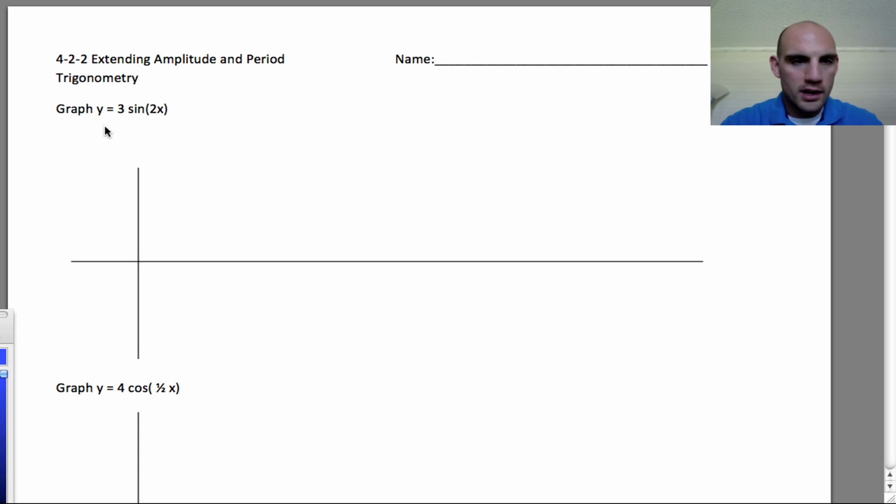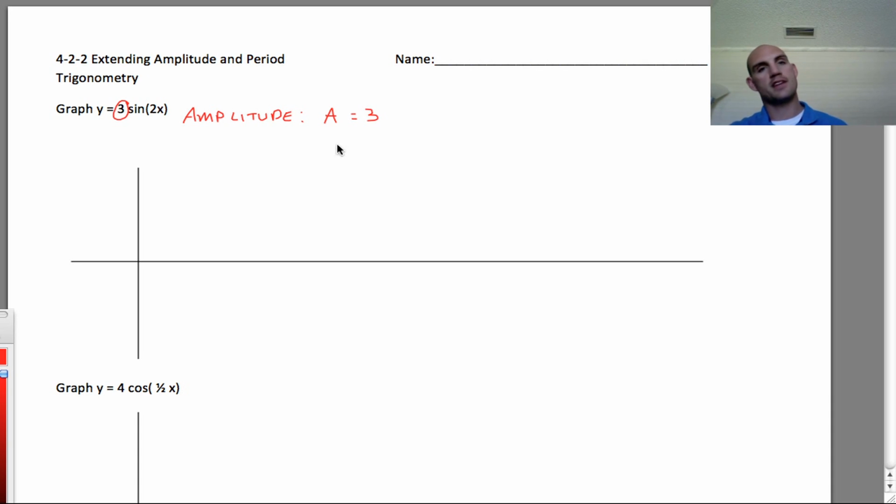Okay, so we're going to graph number 2 here to start out, and I'm going to show you a way to outline this to help you. We're going to talk about the equation itself and what it says about the amplitude. If you remember, the amplitude is A, which in this case is 3. So our amplitude is already cranked up a little bit.